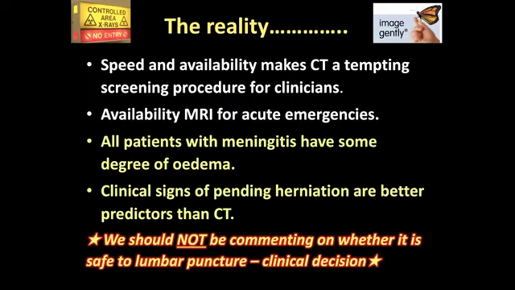The reality is, and I think this is probably true in most places, that although in pediatric practice we talk about radiation and trying not to use CT, the speed and availability of CT is a very tempting screening procedure for clinicians. There is limited availability of MRI, both in developed and developing countries for acute emergencies, particularly in pediatrics with the potential need for anesthetic support.